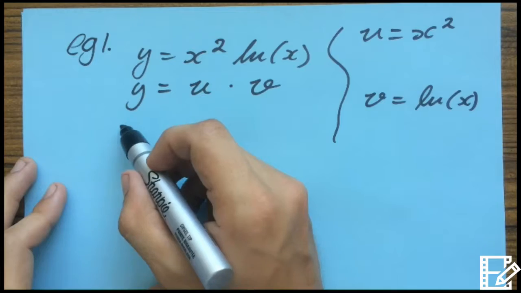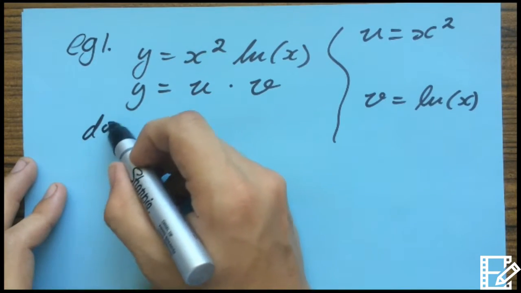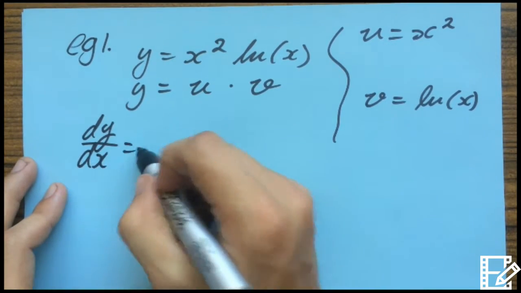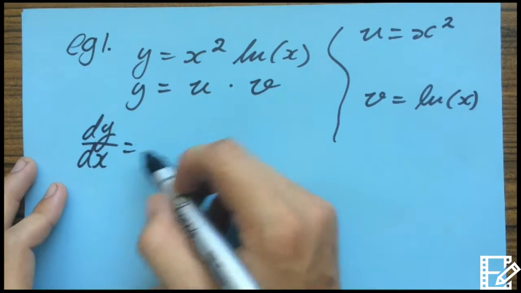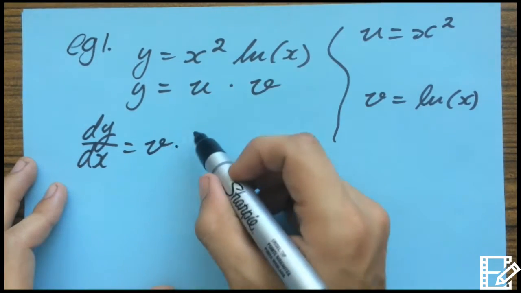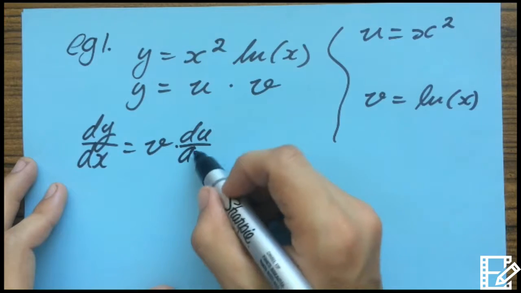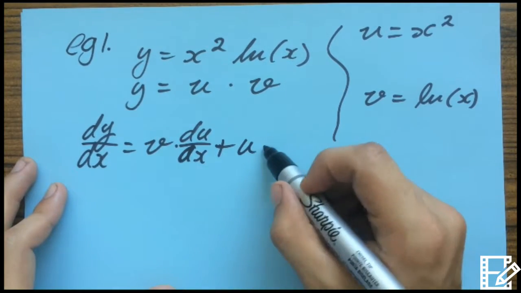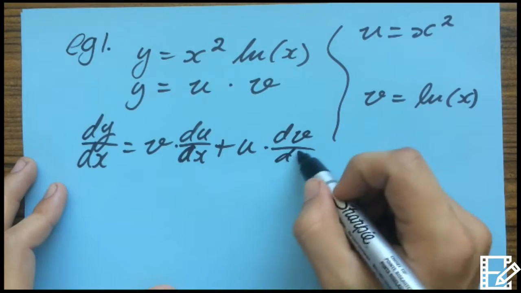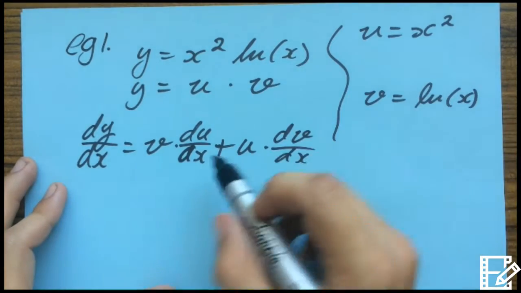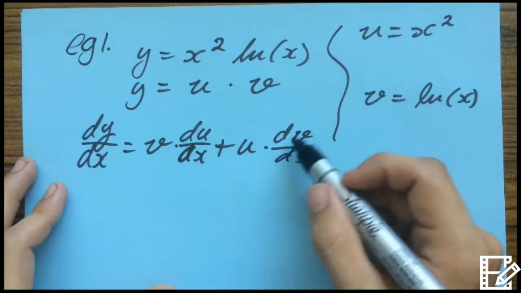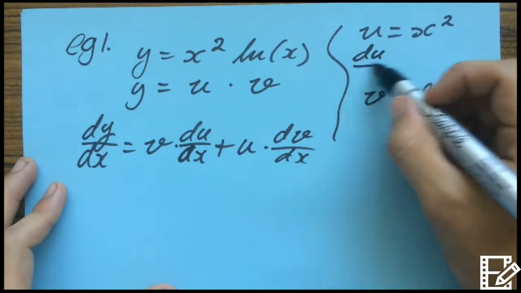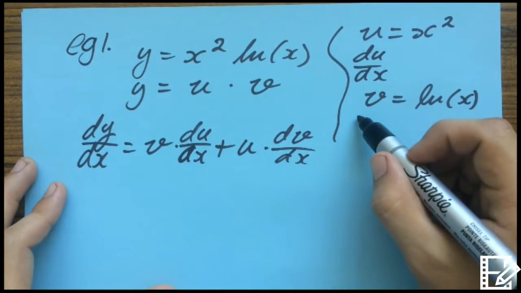On that note, we will write the formula for the derivative, following the product rule. v multiplied by the derivative of u, plus u multiplied by the derivative of v. Okay, so we need to find the derivative of u and the derivative of v in order to complete this equation.